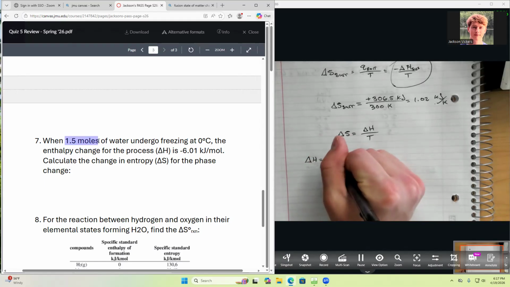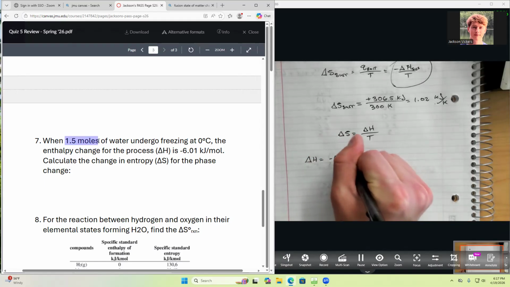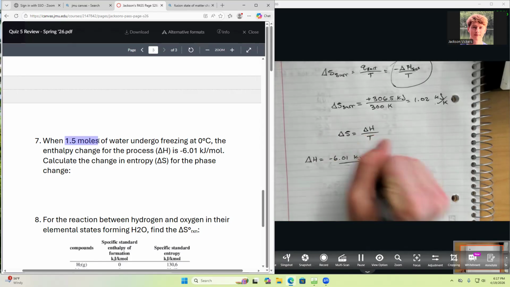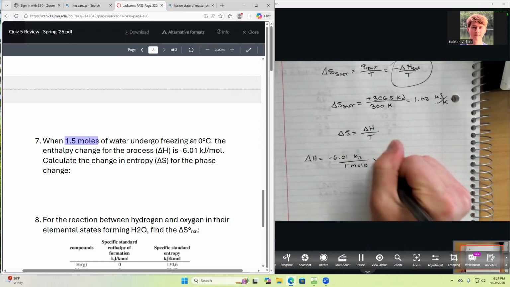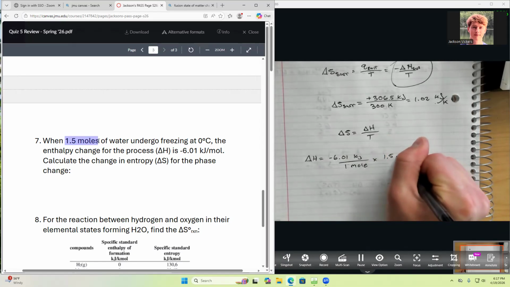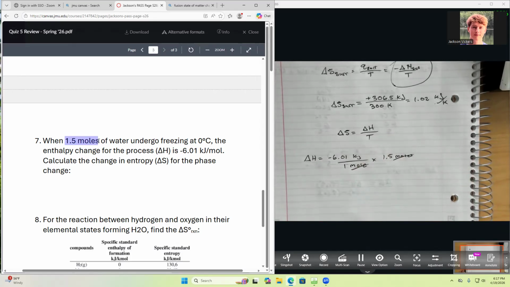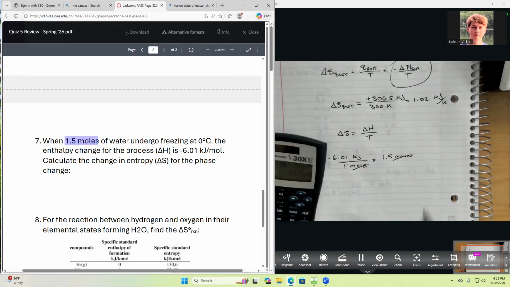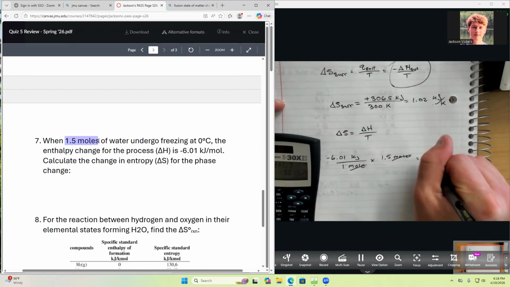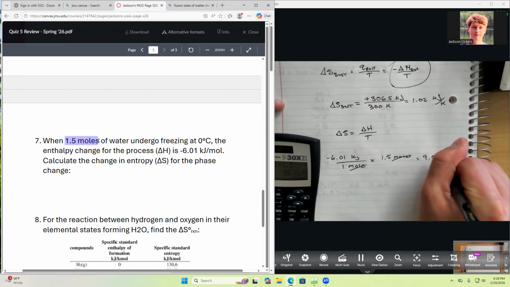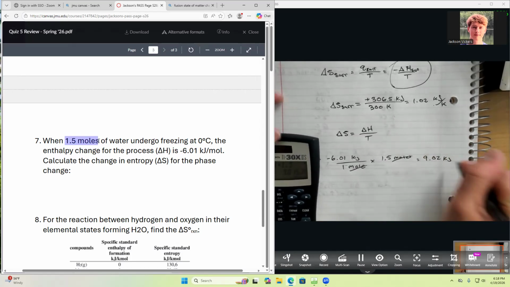So again, we said it was negative 6.01 kilojoules per mole, so per every 1 mole. And I'm going to multiply it by 1.5 moles. So we can cancel that out. So this is 9.02 kilojoules.